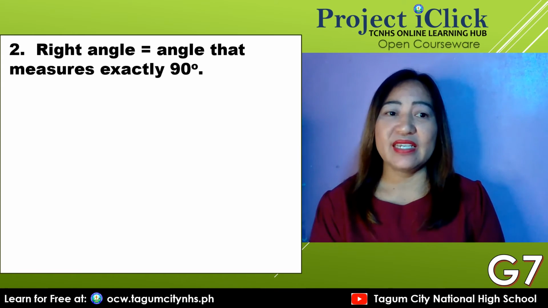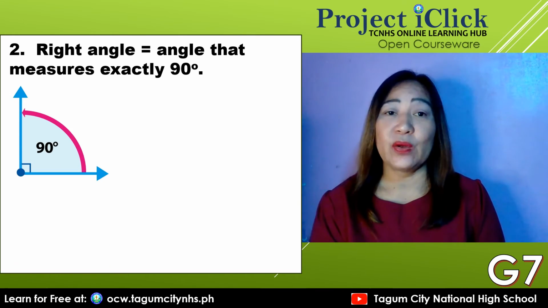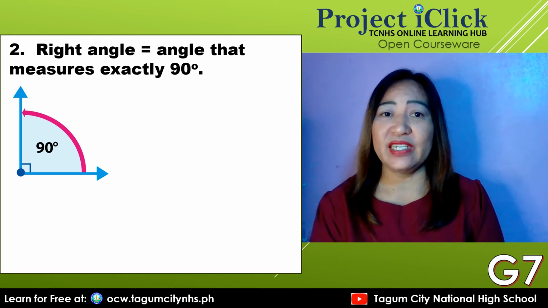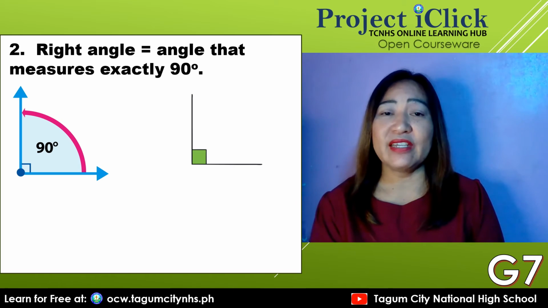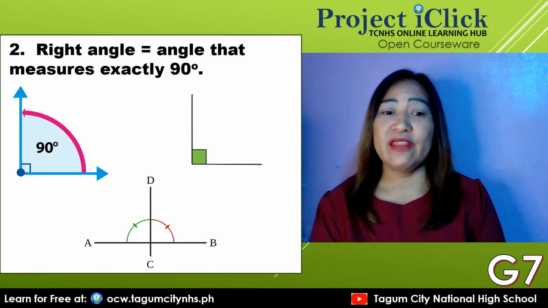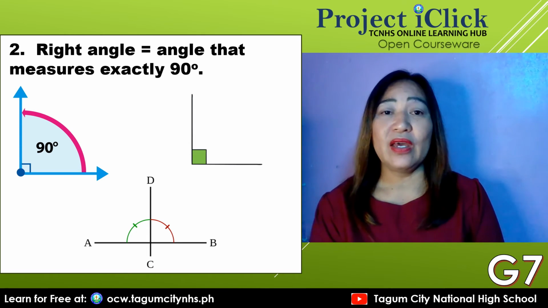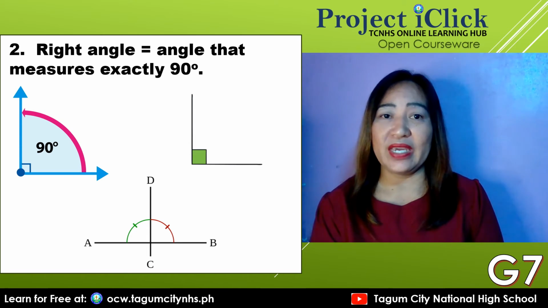Another type is a right angle. This is an angle that measures exactly 90 degrees. Here is an example of a 90-degree angle. Another one, this is also a 90-degree angle. In this figure, angle DCB is a 90-degree angle and angle DCA is also a 90-degree angle.